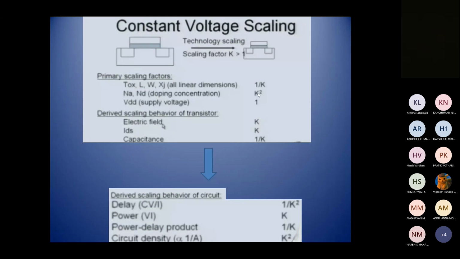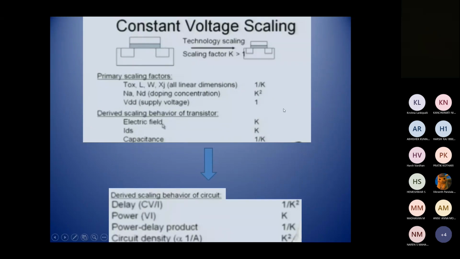But here, if we take into consideration the derived scaling behavior of the transistor, then the electric field has to be multiplied by k factor. In constant electric field scaling, the electric field was constant, but here it is not the case. In constant voltage scaling, it is multiplied by k factor.